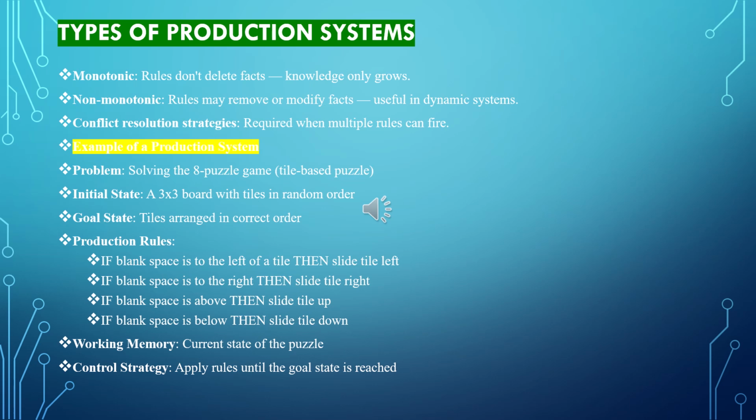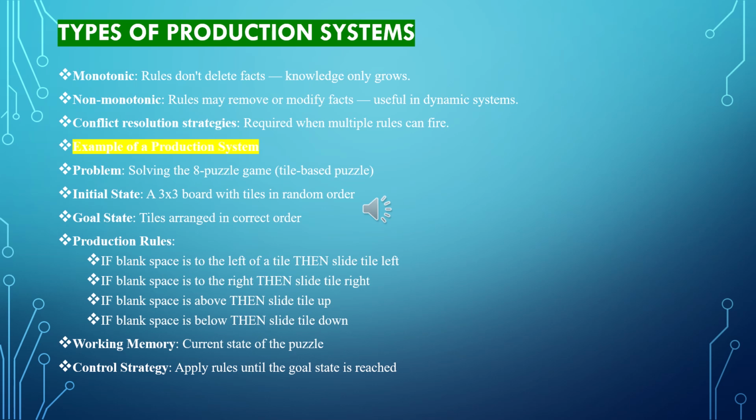In the 8 puzzle problem, a 3 by 3 board has 9 tiles, but one box is left blank as a space. You have to sort the tiles around that blank space, which is a typical example solved step by step in a production system.